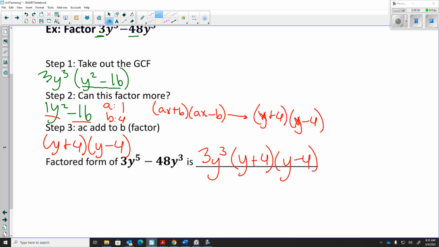By factor, guys, I just mean a piece. It must include every piece, not just the pieces of the thing that was in the parentheses, but it has to include the GCF that you took out. Every piece of the puzzle, you've got to put it together in the end. Okay? All right.